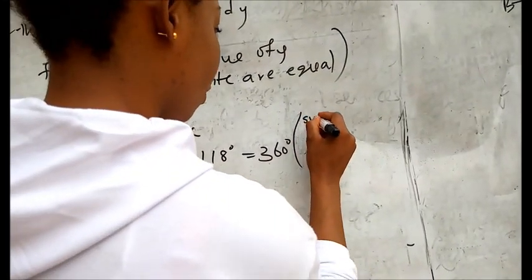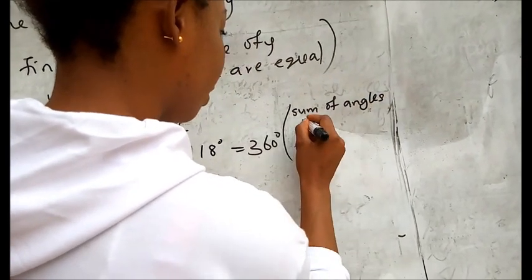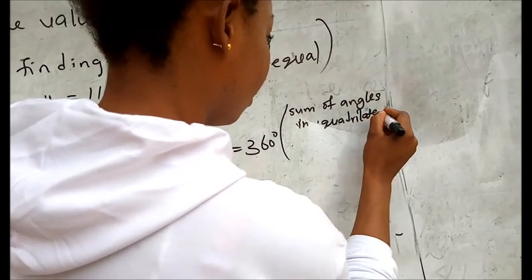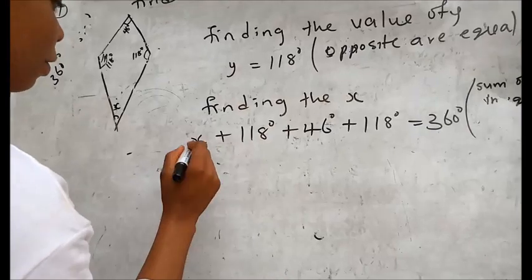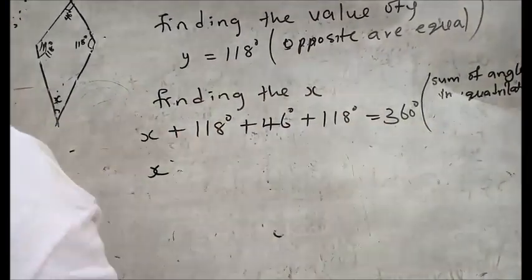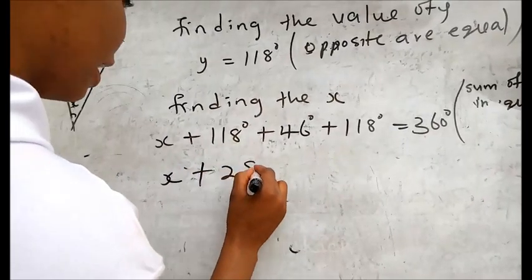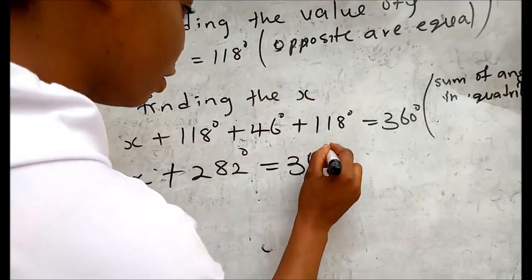Reason: sum of angles in a quadrilateral. Now we have our x. If I add these numbers, I get x plus 282 degrees equals 360 degrees.